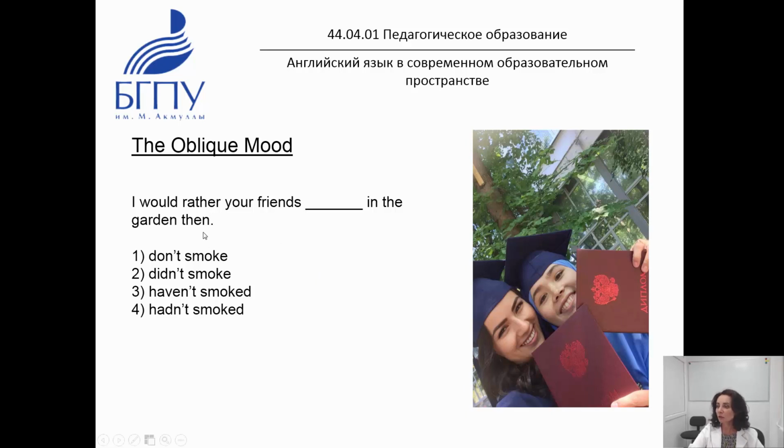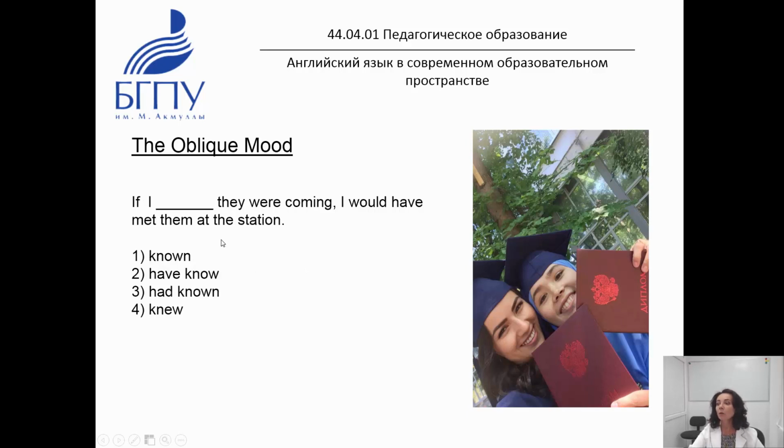And if there is no "then", the situation looks like the regular, usual situation, and we do not have the priority. We've got the simultaneity between the first clause and the second clause. That's why we need subjunctive 2 present, and subjunctive 2 present corresponds to the form of the past simple tense. As a result, the right variant without "then" will be "didn't smoke".